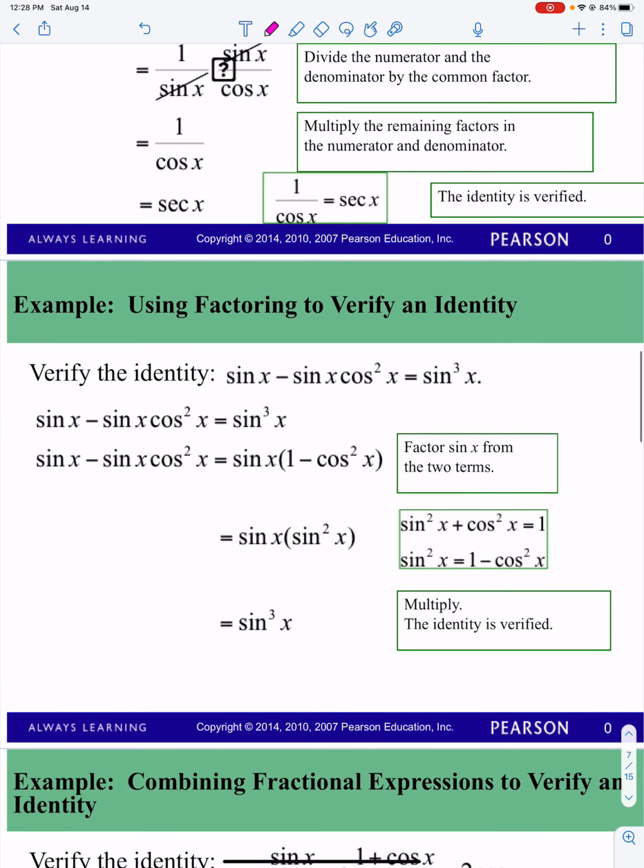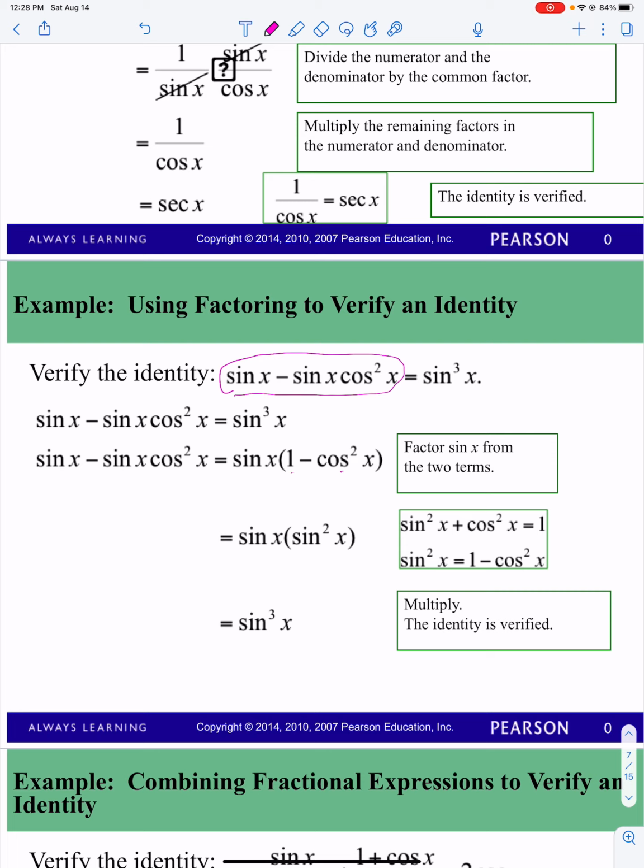Okay. So the next thing that we wanted to do here is use factoring to verify identity. Because typically you start with the complicated side. You have sine x in common, then you have sine x times 1 minus cosine squared.